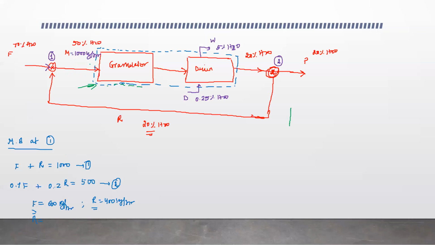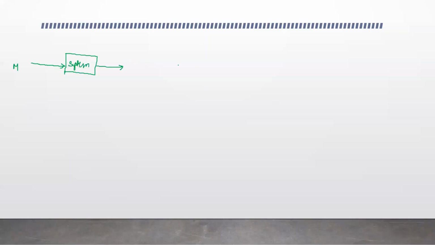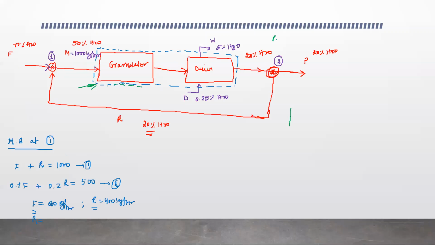The green block diagram that you're going to make for granulator plus dryer is going to be, the inlet is M, the outlet is, let's say P1. Let's say P1 is coming out of here.